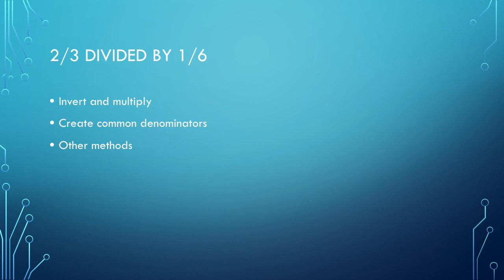It's going to be the same for any of the methods, because 2/3 divided by 1/6 is asking you, again, how many 1/6 are in 2/3? Imagine a hexagon in your mind. We have 2 out of 3 parts shaded.